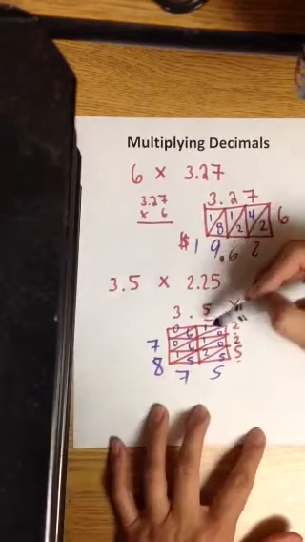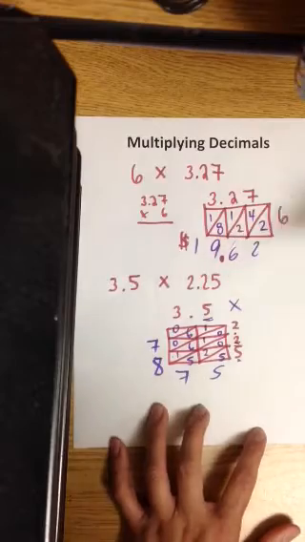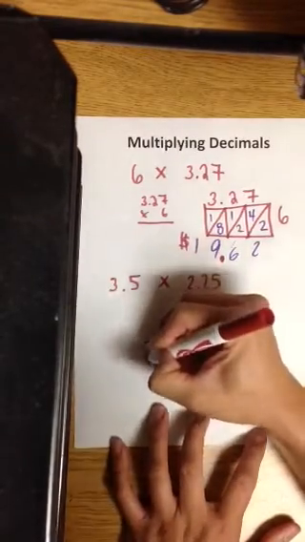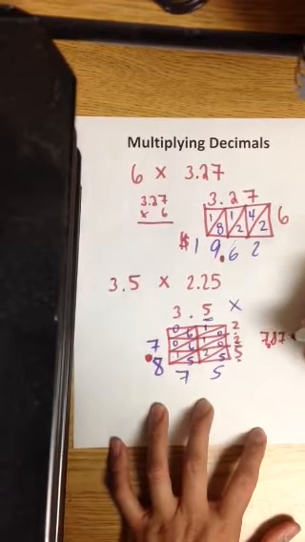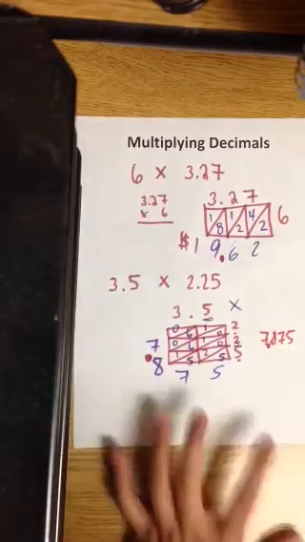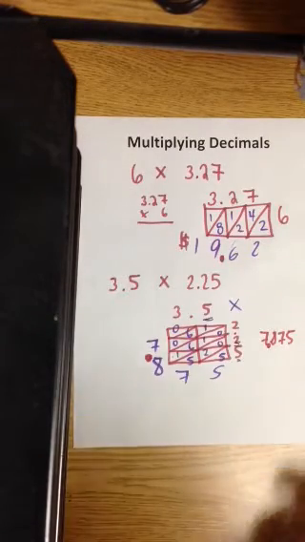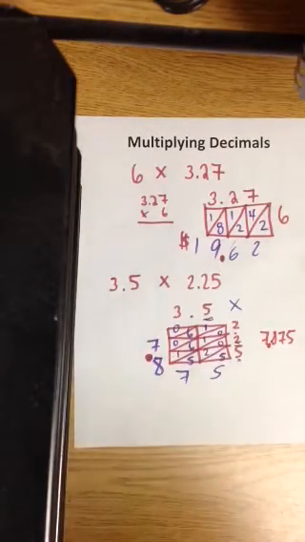Another way to say it is there is 1 digit, 2, there are 3 digits behind the decimal points. So if I place the decimal point right here, 7.875, that is 3 digits behind a decimal point. Let's check our work. Is 3 times 2 6? Is 7 close to 6? Yes. That's how you check your work.